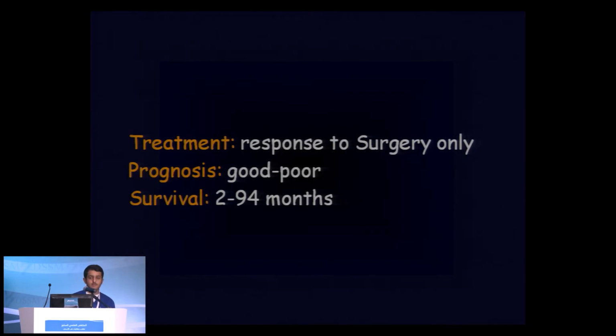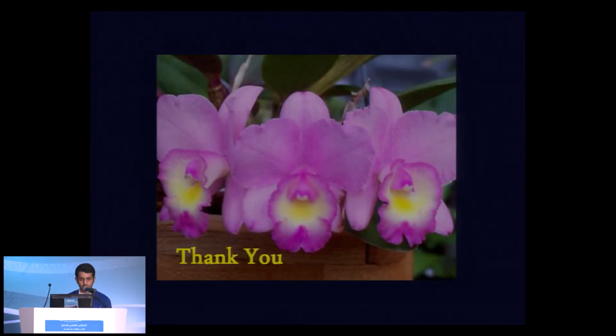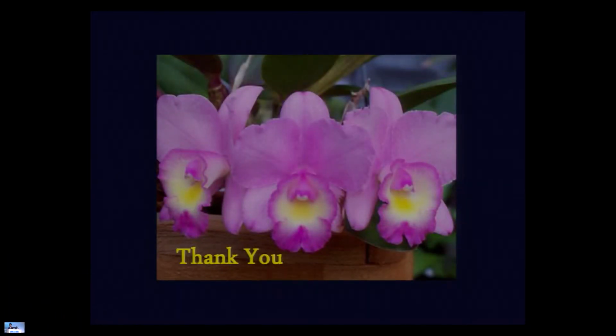Treatment: it responds only to surgery. The prognosis is good to poor, with survival of 2 to 94 months. Conclusion: characteristic morphological features together with appropriate immunohistochemical staining help in establishing the diagnosis. Thank you so much.